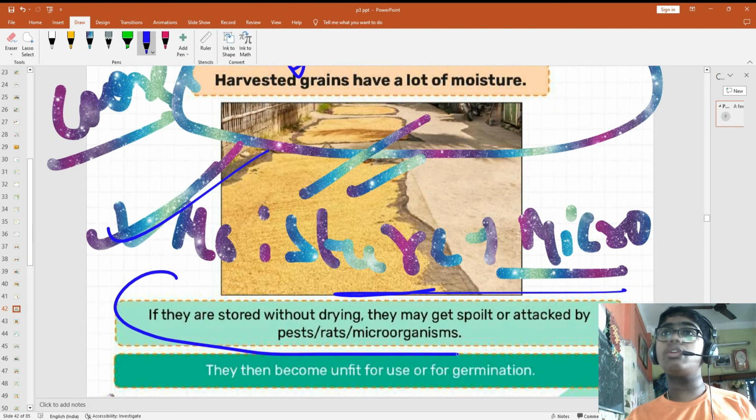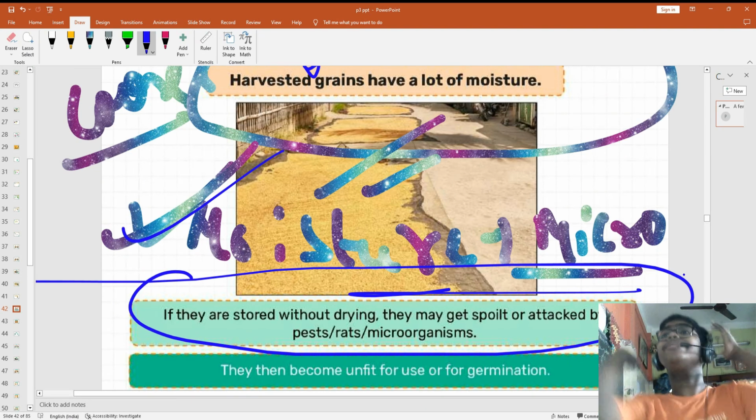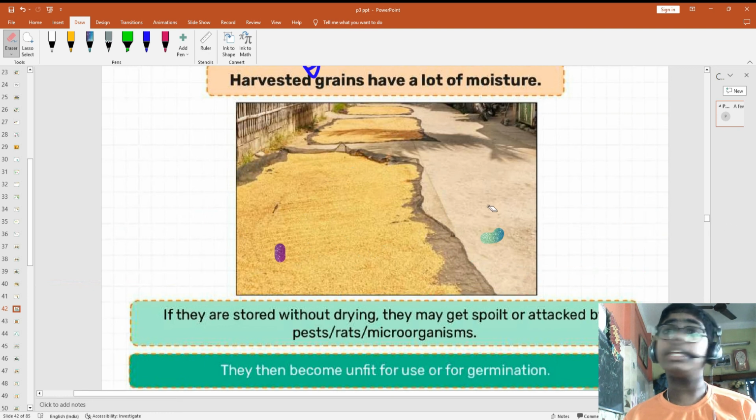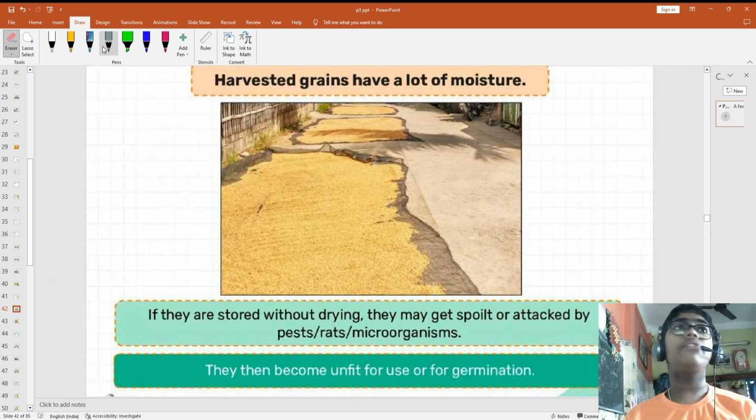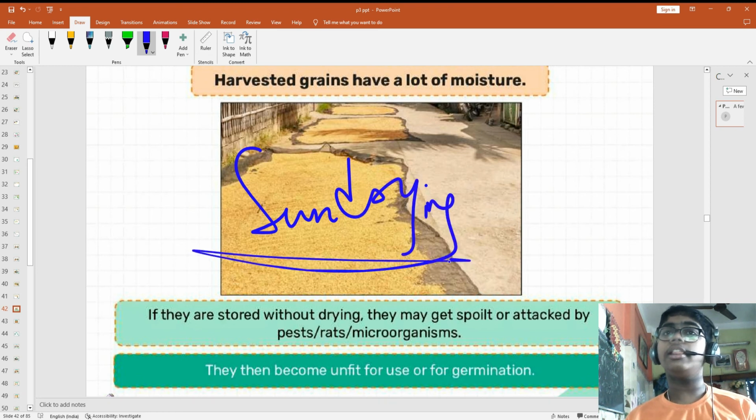If they are stored without drying, means हमें dry भी करना चाहिए. Moisture में ये microorganism ज्यादा grow करेंगे. Now how can we remove the moisture? By the process of drying, sun drying. सन में लेफ्ट कर देंगे तो ये सन ड्राइंग हो जाएगा, ड्राई हो जाएगा, right? The sunlight will make the moisture evaporate, and it will become dry.